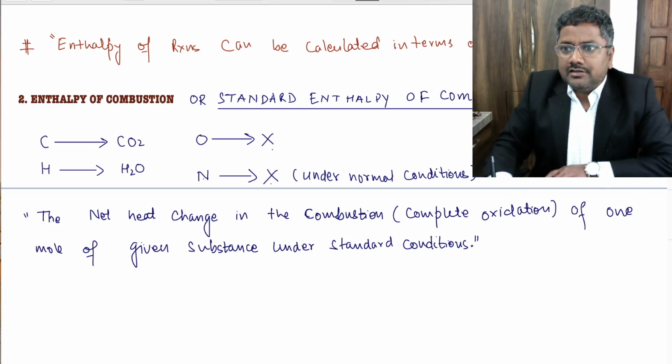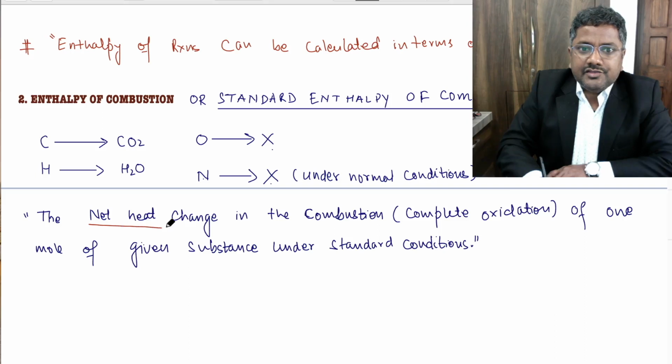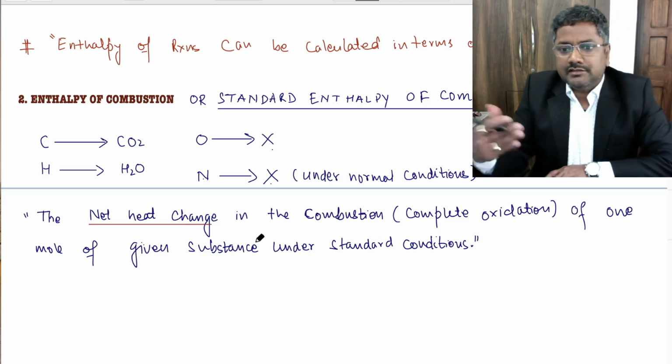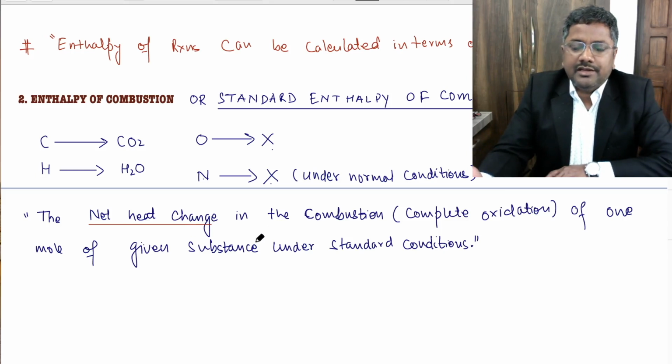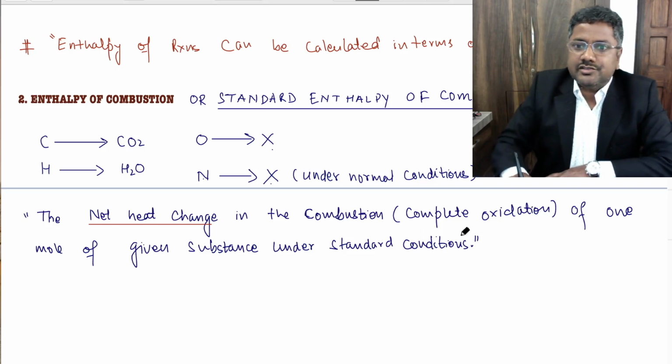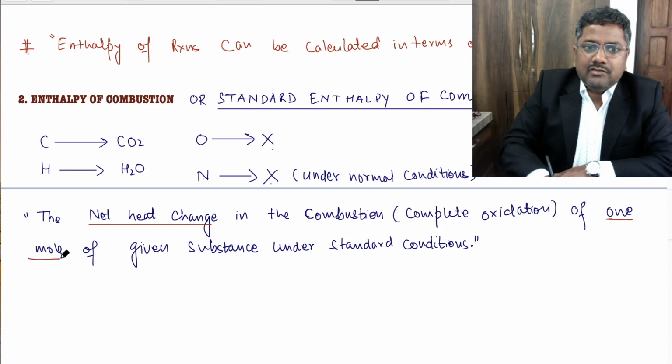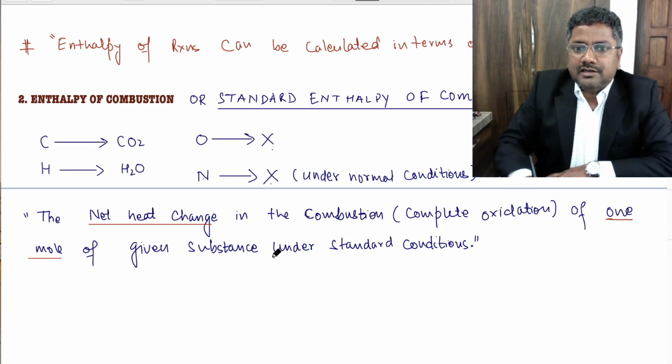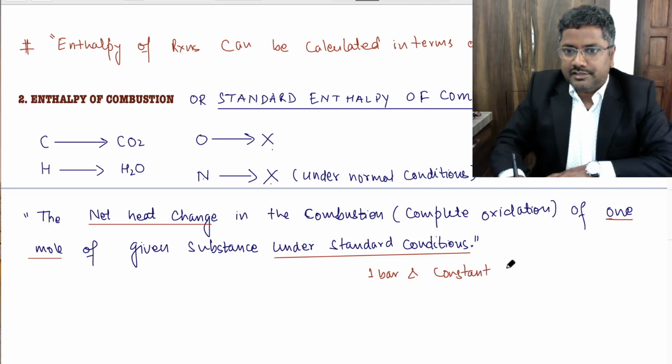So what are the key terms in this definition? Net heat change means in some step maybe absorption of heat takes place, or in some step release of heat may take place, but you have to consider the net heat change in the combustion, complete oxidation, of 1 mole. This is very important. 1 mole of given substance under standard condition, and all of you know the standard condition: 1 bar pressure and constant temperature.